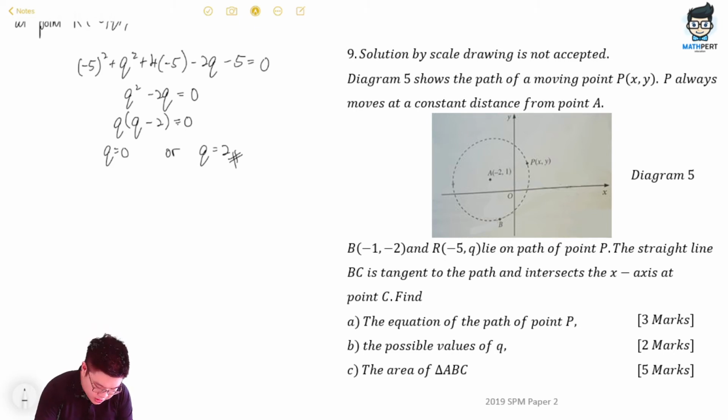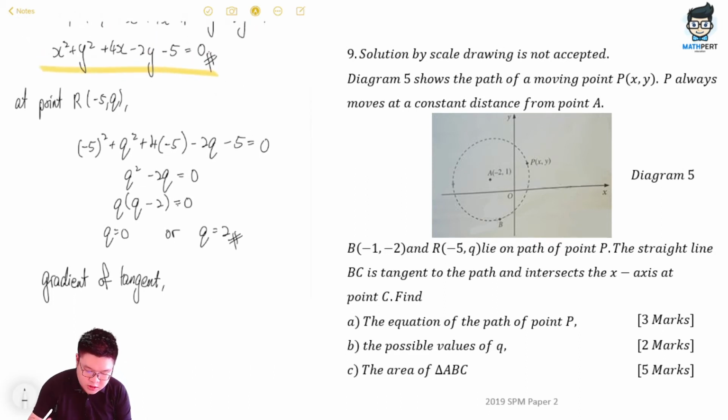So the gradient of the tangent will be, we differentiate the equation of the circle, x squared, the one I underlined in yellow. When we differentiate this, what do I get?